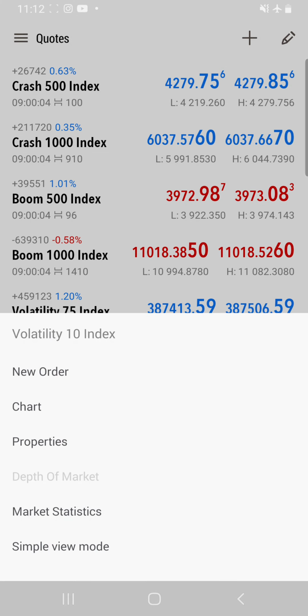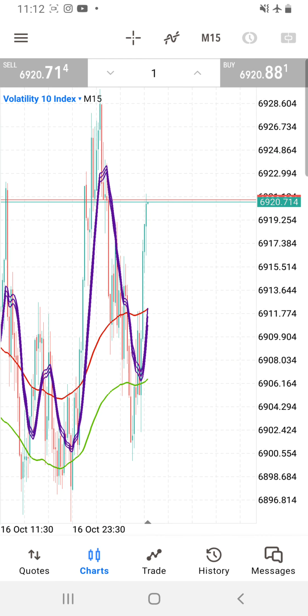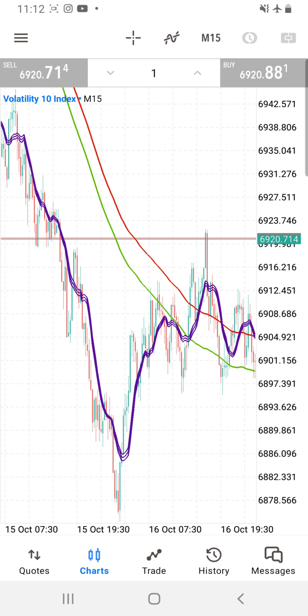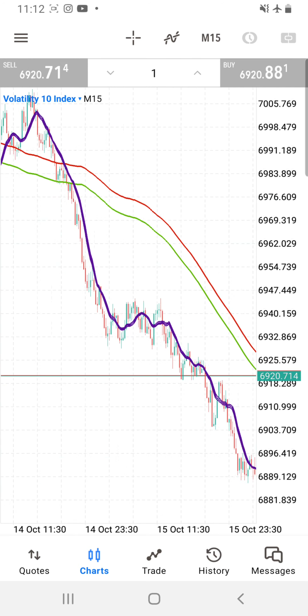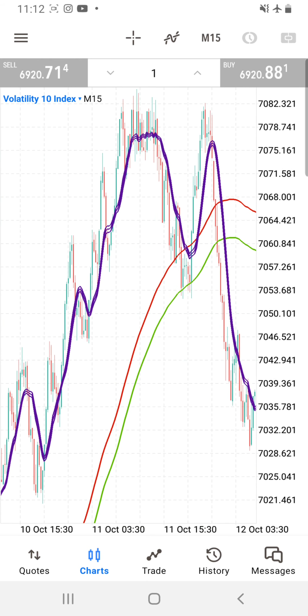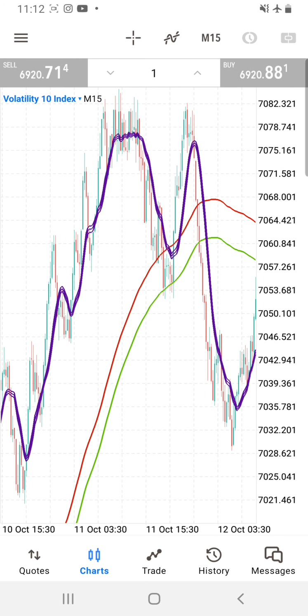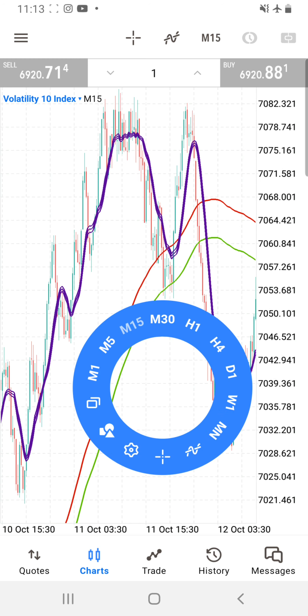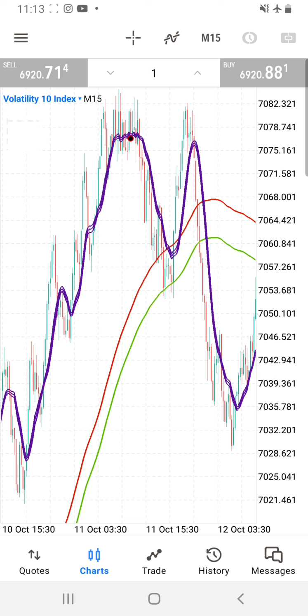Like I said, you can use this even on V10, any index that you want. You still get the same results. You can see all those entries again. Do you see they repeated the same thing of trying to scare traders out of the market? Here all your three confirmations were met, right?